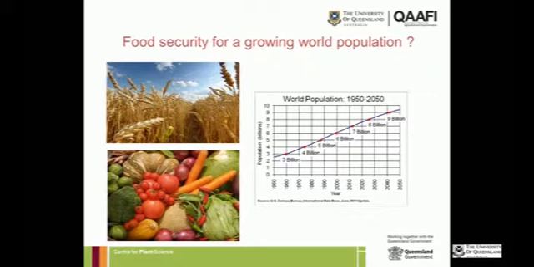Obviously, food security, particularly in relation to our growing world population, is a very important issue that concerns all of us, and that is important for both food quantity as well as quality.